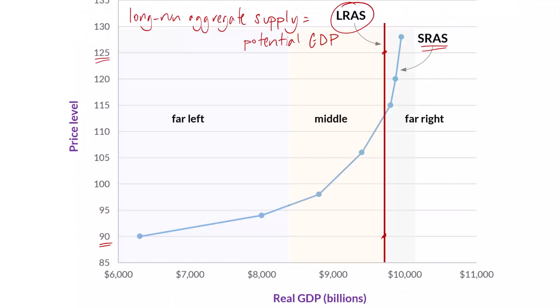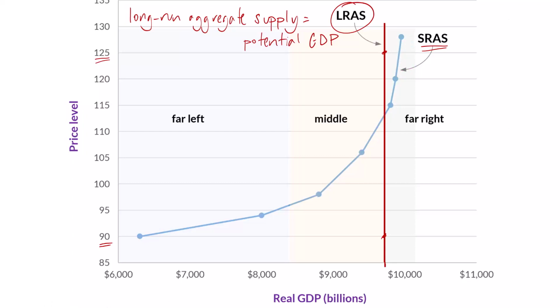Okay, so long run aggregate supply is just what the economy can do, however much real GDP it can produce. Okay, now short run aggregate supply is different, and what I want to talk about here is why the short run aggregate supply curve has this particular shape that it does.